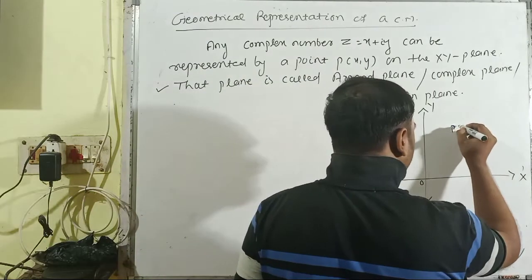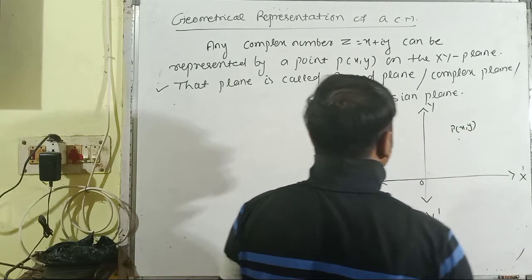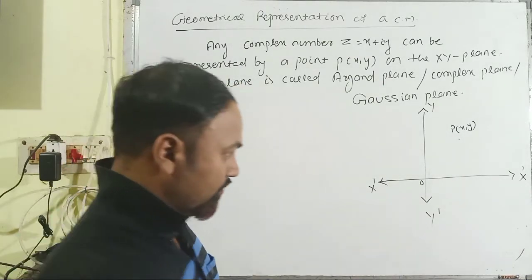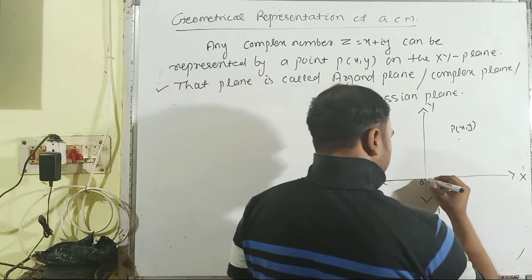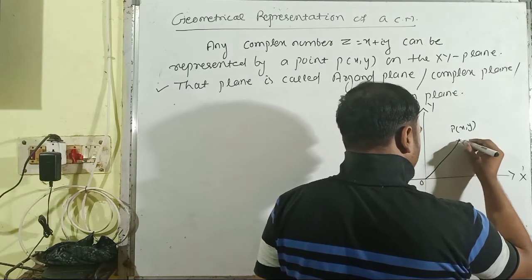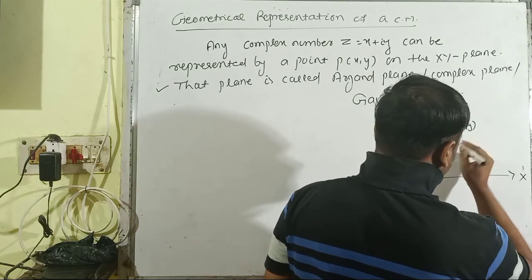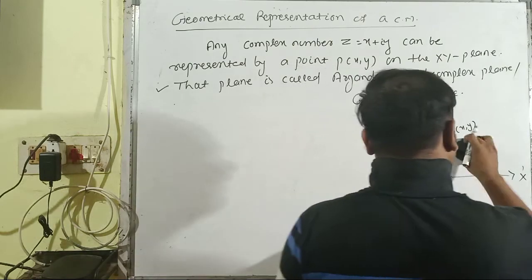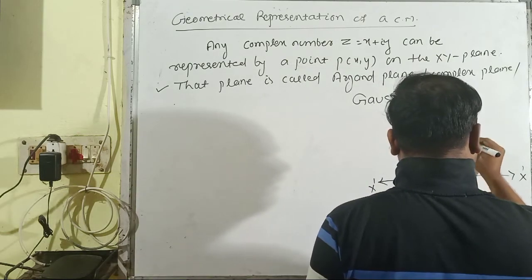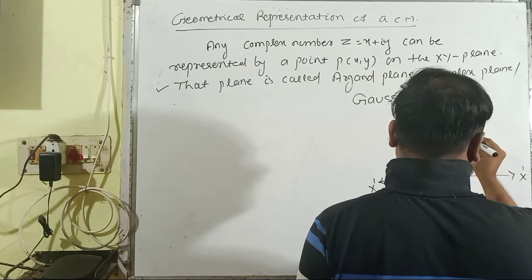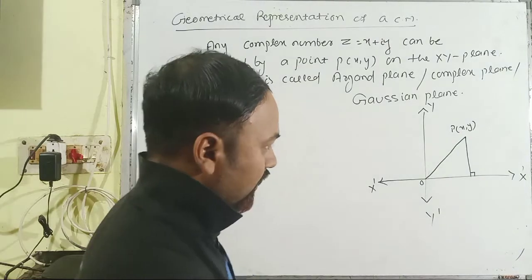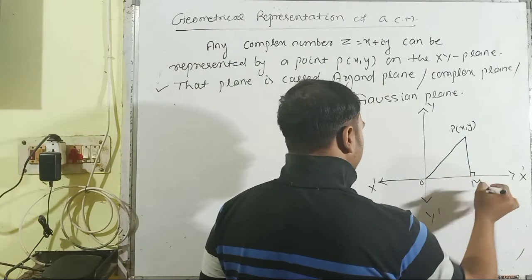So every complex number can be represented via a point on the xy plane, and let us join it. This is the point P. Then let us draw a perpendicular to the x-axis, and here it is M.